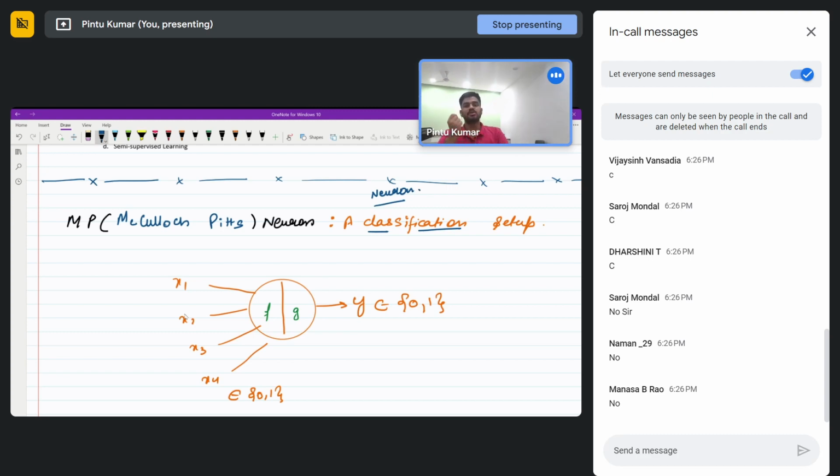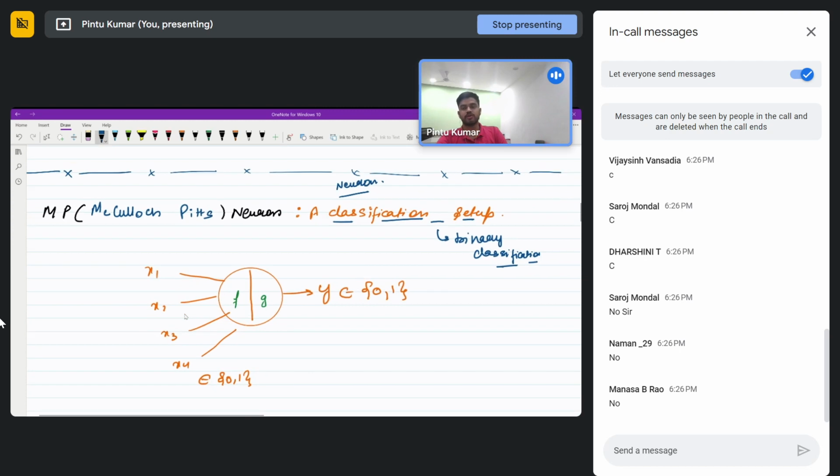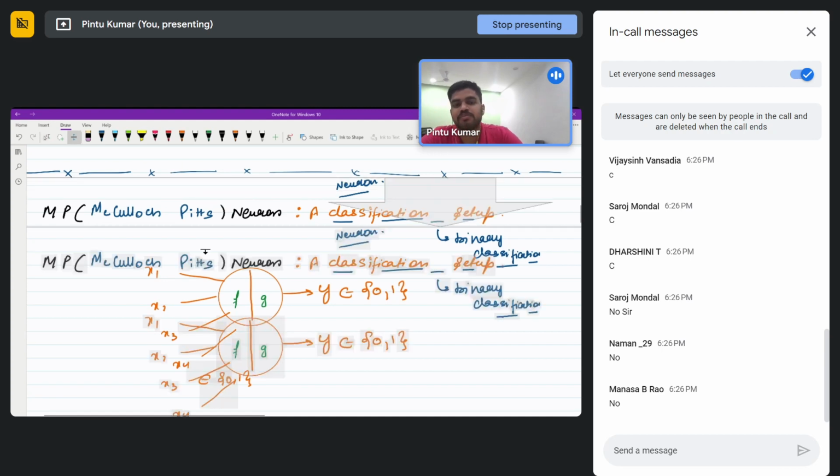Also, the classification that we are trying to do right now is just binary classification. Okay. So these are some very old models, but they are very essential for understanding how a deep learning model works. If any one of you might have seen, I think most of you would have.